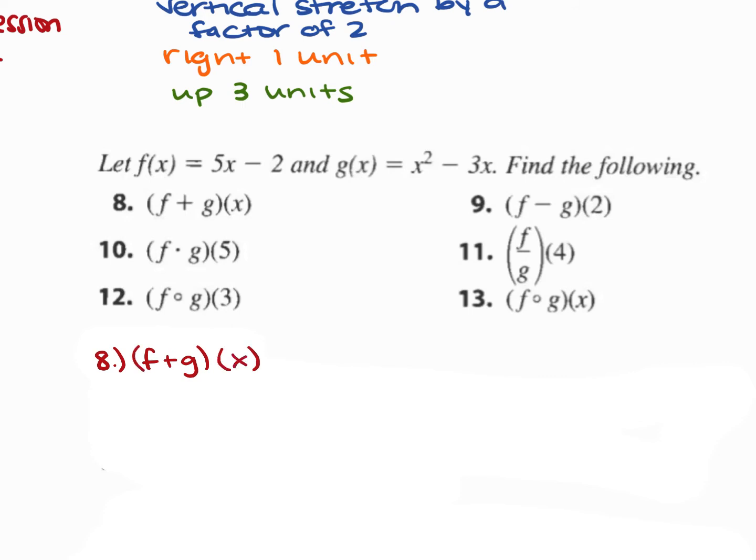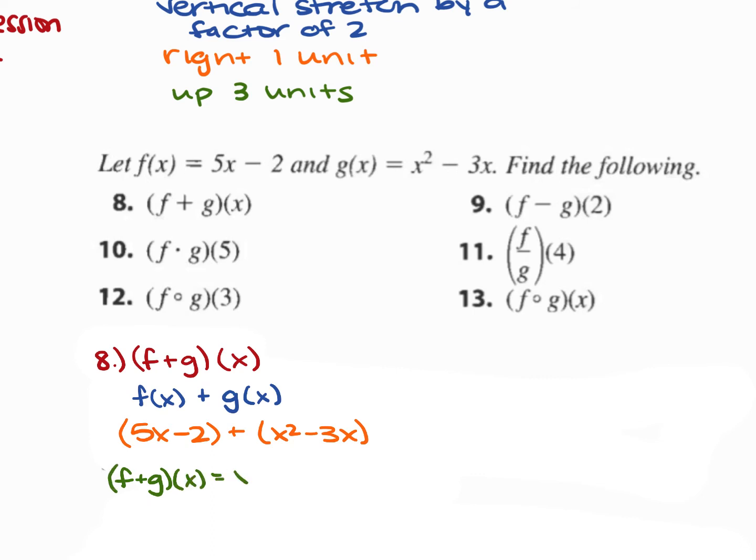So we're going to take f of x and add it to g of x. F of x, we said, is 5x minus 2. G of x is x squared minus 3x. If we get rid of these parentheses and just combine like terms, we're going to have f plus g of x is equal to x squared plus 2x minus 2.